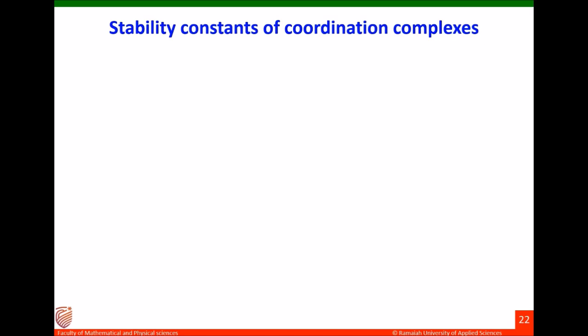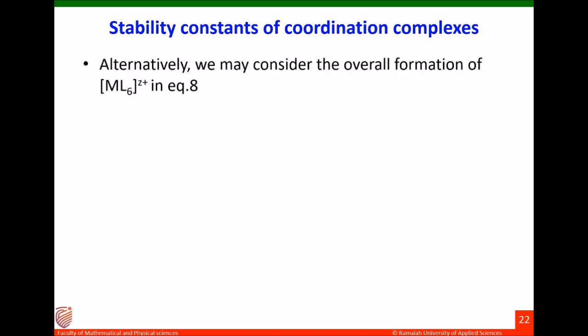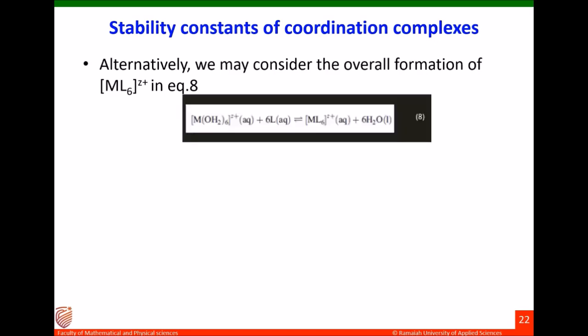So it's a 6 stepwise reaction. Together, if you write all the 6 reactions as a single reaction, it will be [M(OH2)6]^(z+) plus 6 ligand gives [ML6]^(z+) plus 6 H2O. Even though the reaction happens in steps, we can write the entire reaction using this equation.